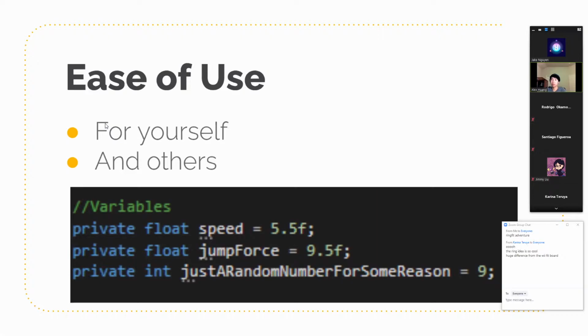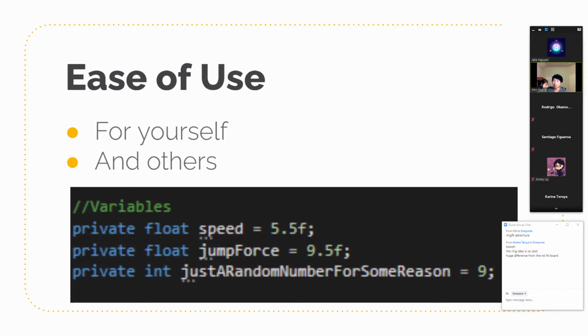And when I say for yourself and others, for yourself, you want your code to be easy to use because sometimes going into the actual code is not the best option. So if you look here, if you have variables that you want to adjust as you press play in the editor and manually change to get the right feel, this is the worst way to do it.